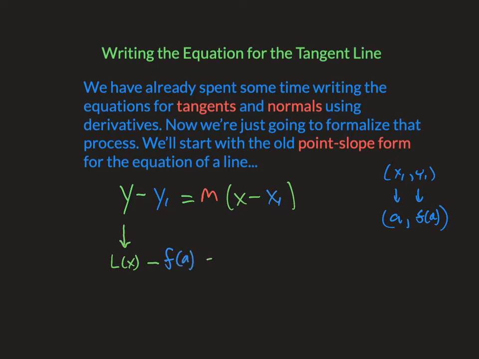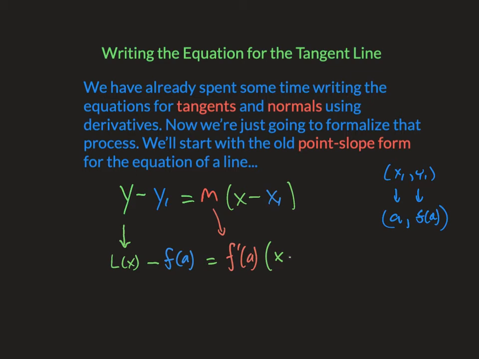And then as I continue along, speaking the language of calculus, the slope, remember, is just the value of the derivative at the point. So if I take the derivative and plug in a, that's the slope. So that's f prime of a. And then instead of x1, remember, we changed that to a.